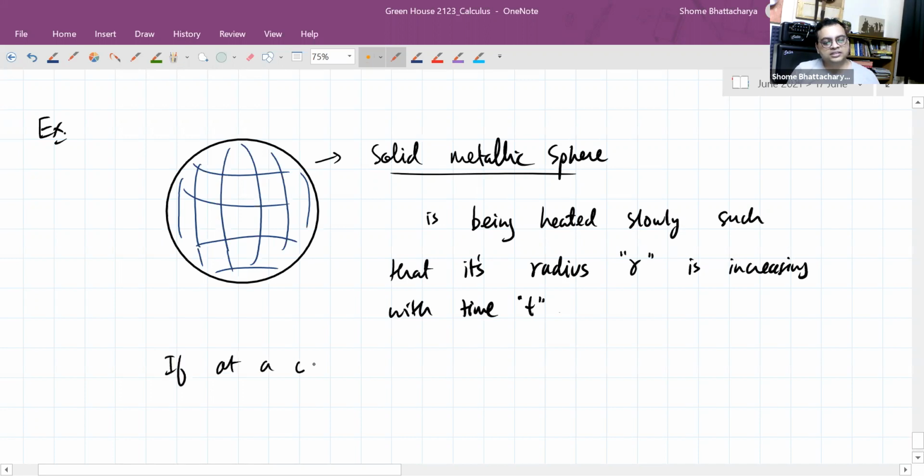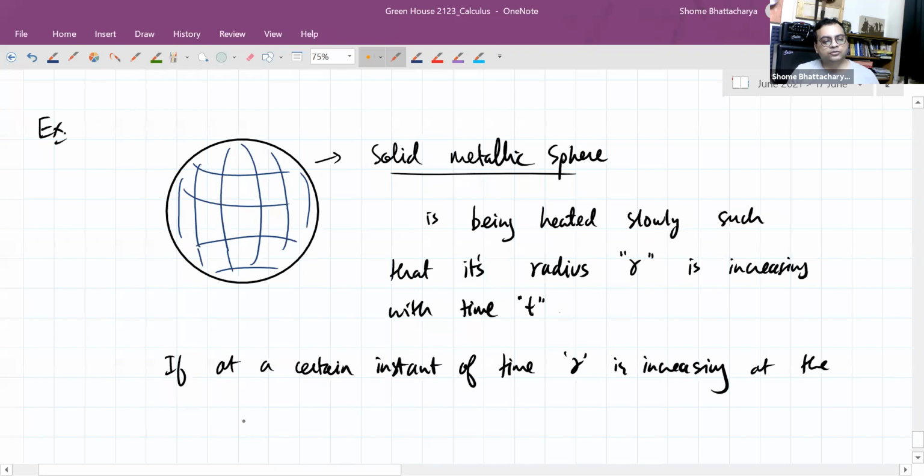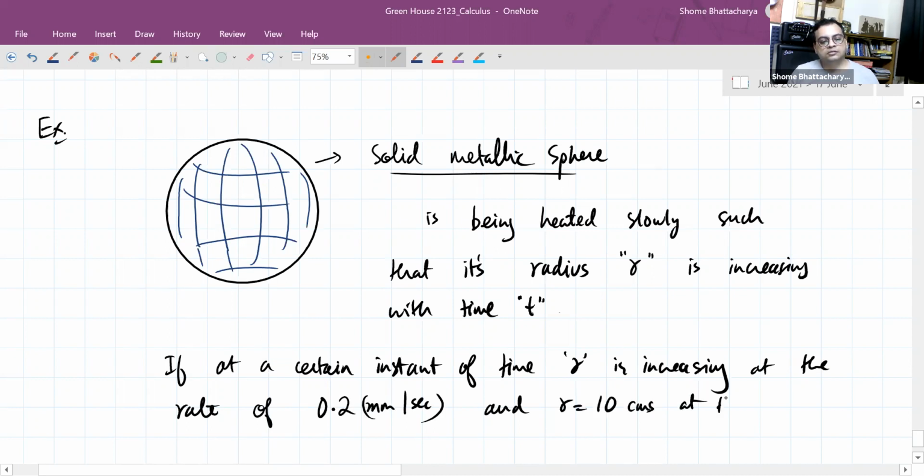if at a certain instant of time r is increasing at the rate of, let's say, 0.2 millimeters per second, and the radius itself is equal to 10 centimeters at this instant.